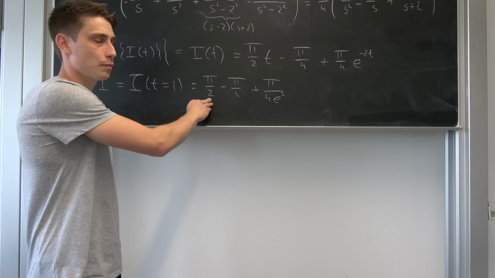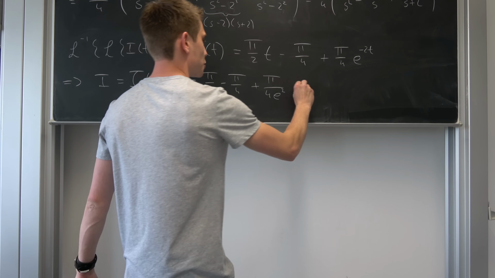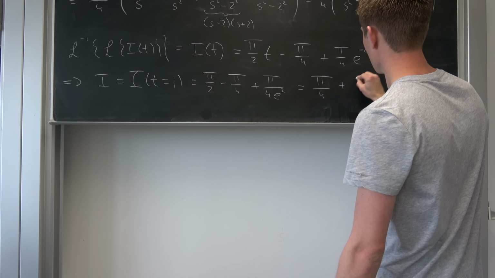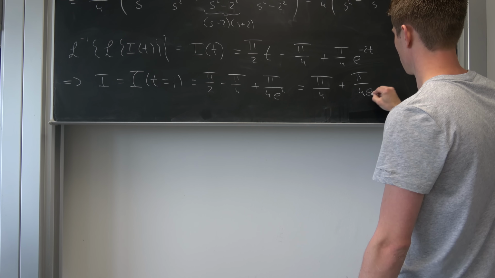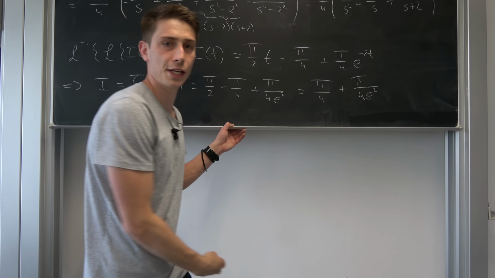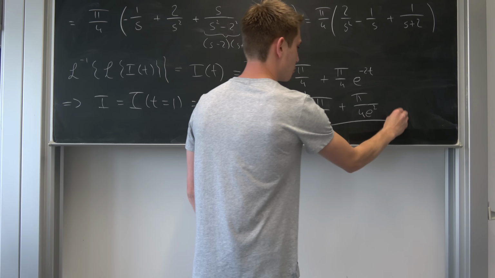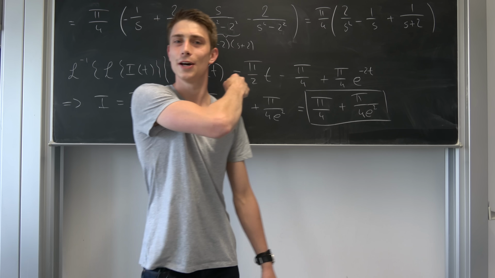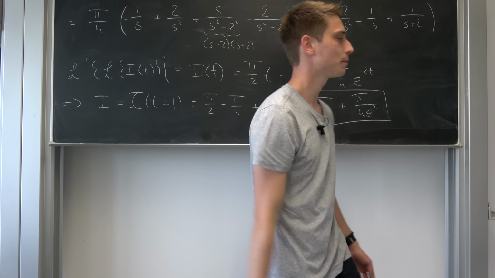Well, pi over 2 minus pi over 4 is just pi over 4. So we end up with pi over 4 plus pi over 4 times e to the minus 2. And then we are done. So that's actually the solution to our integral. We've derived this before two times, and that was the third time, I guess.